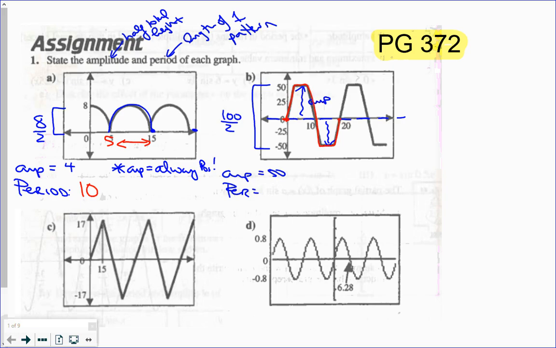Because if I take that pattern and now move it, I get to the next pattern, right? So you want to make sure that you're seeing a full cycle length. So how far is it? Well, it went from 0 to 20. So the period is 20.